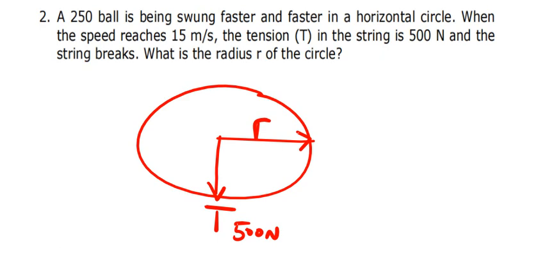We're told that it is 500 Newton. Have we been given the radius? We're told that this is moving at a speed of 15 meters per second, and we have a 250, is it kg? Okay, 250 kg. I don't know, we haven't been given the units.